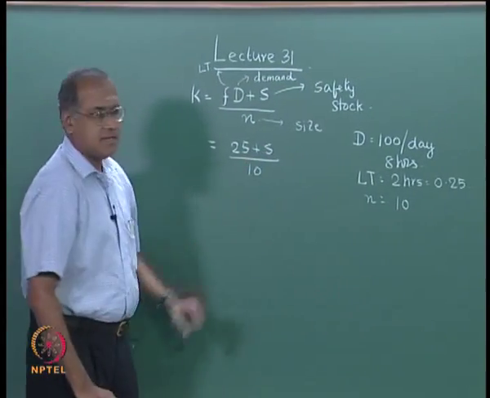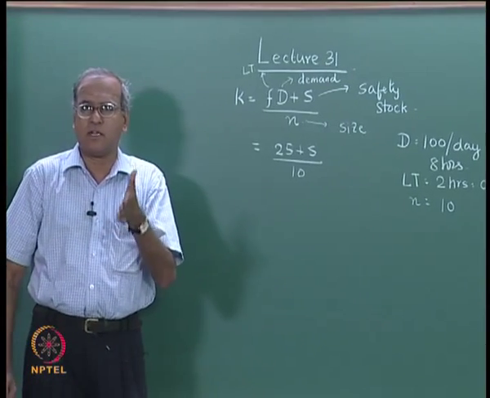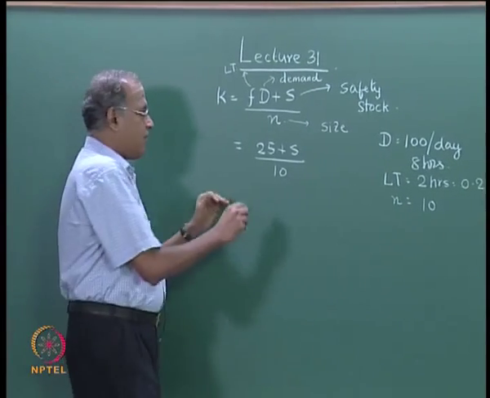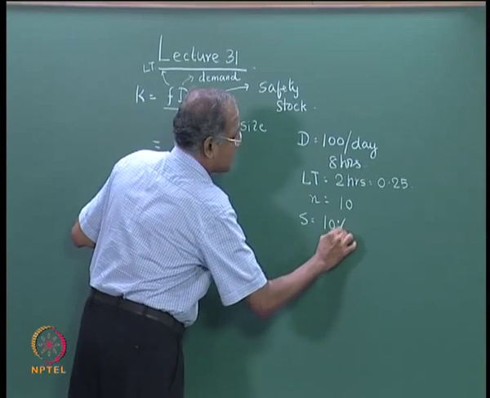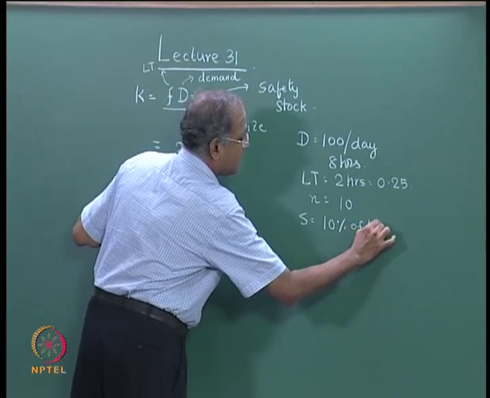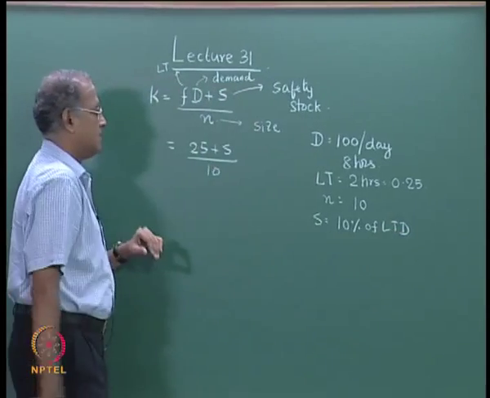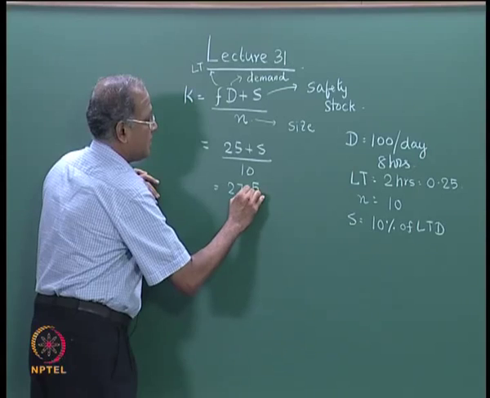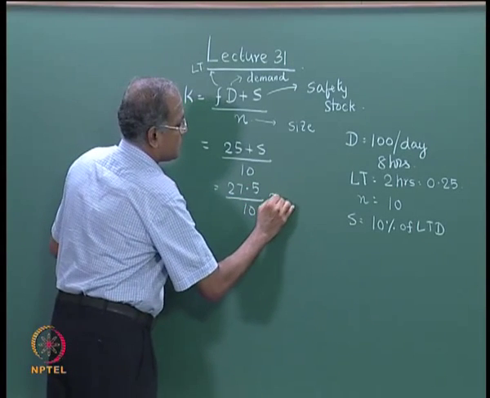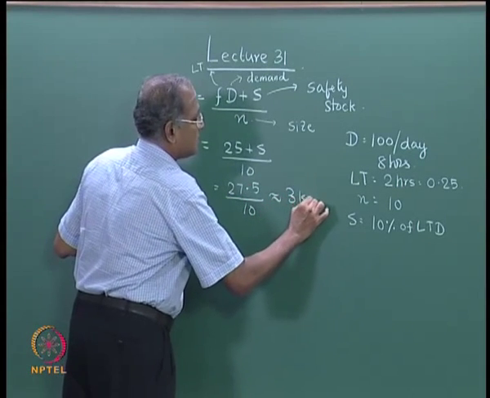Now, this S is the safety stock that we provide. So, if we assume that this S is 10% of the lead time demand, then this will become 27.5 by 10, which will be approximated to 3 Kanbans.